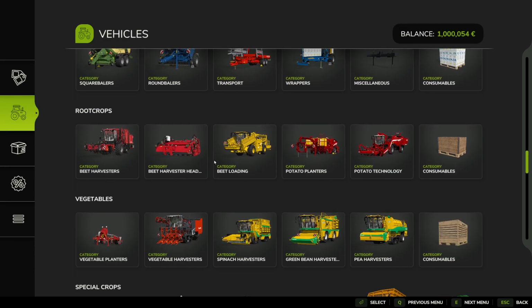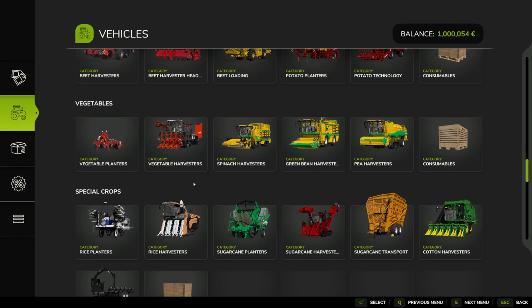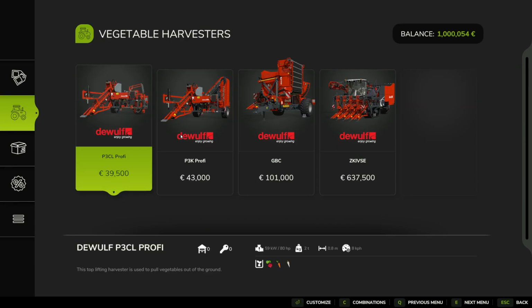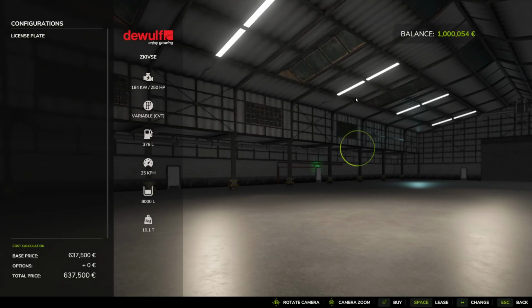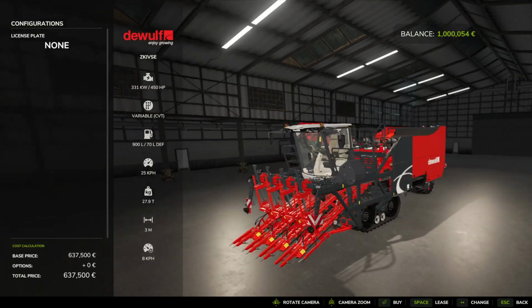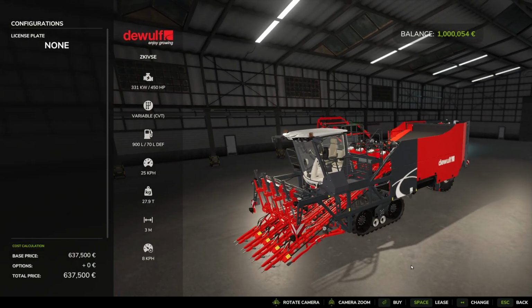And then here is a rather good example with the vegetables. The carrots, for example. We have different types of harvesters and the prices differ a lot. So I think renting that one, the big one, would only be worthwhile.